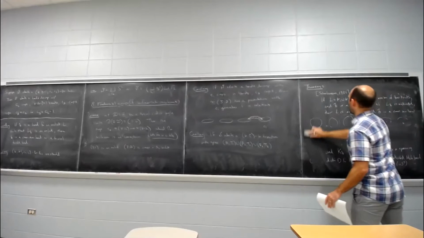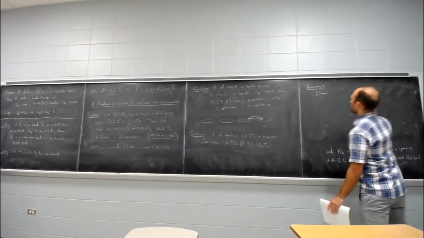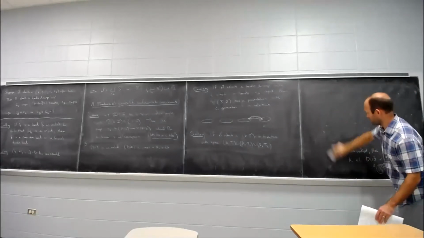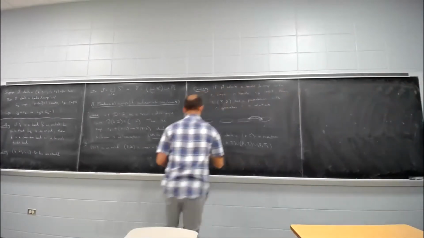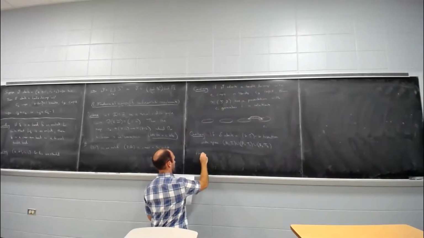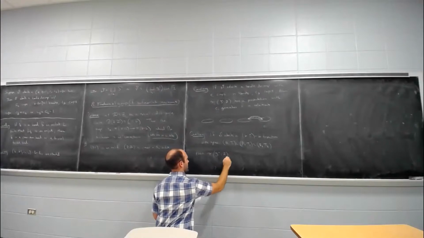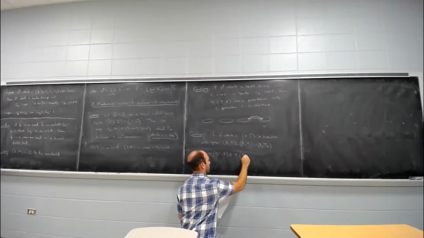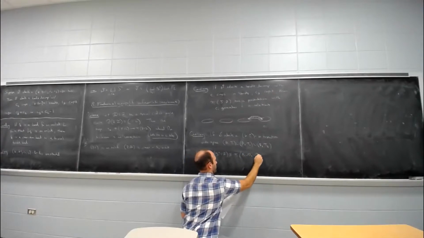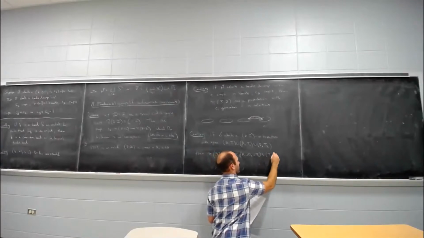The result here is that the fundamental group of the surface link exterior is actually isomorphic to the fundamental group of the exterior of the tangles, the three tangles in the spine. So let's write that. Then pi1 of S4 minus S is isomorphic to pi1 of the union of these balls minus the union of the tangles.